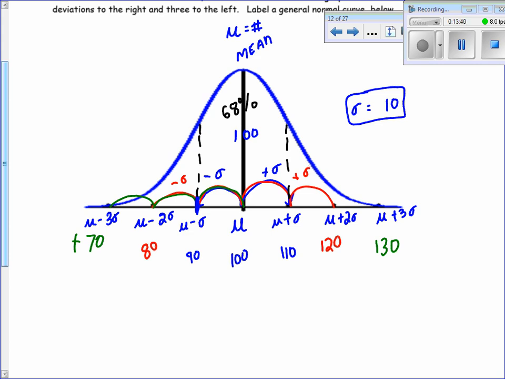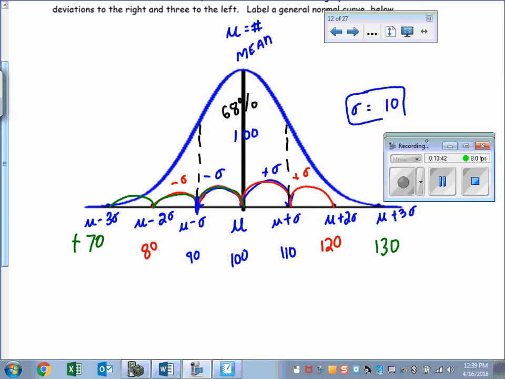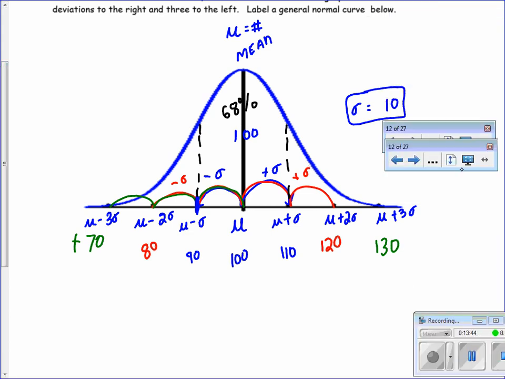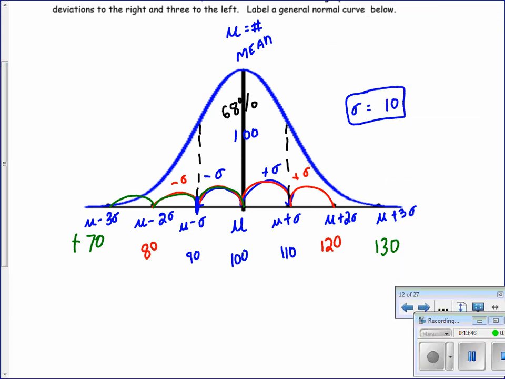However, anything right here means that 13.5% of people did something on either side, okay? And right here, that means 2.35% of the population falls within 3 standard deviations of the mean, as well as over here.